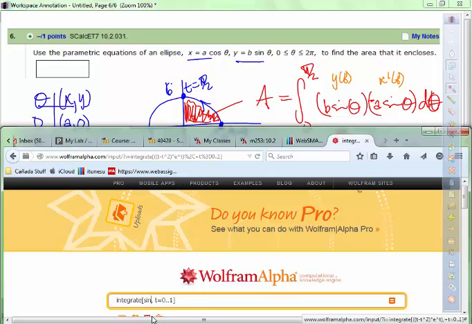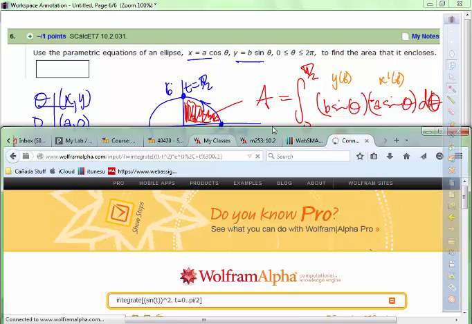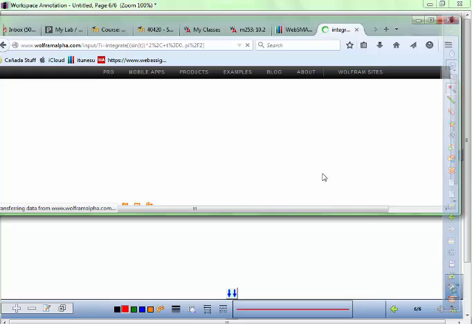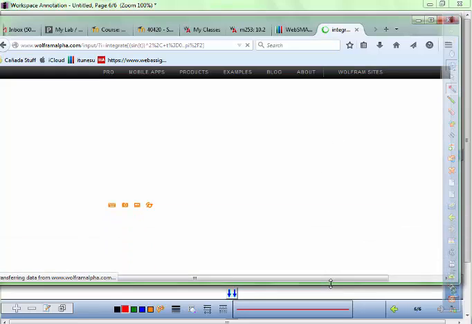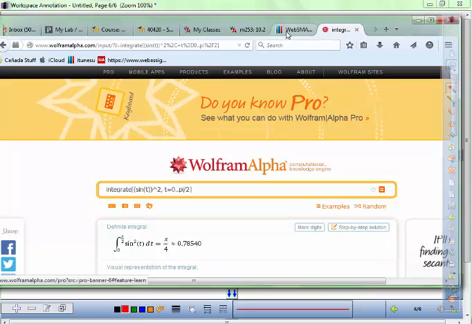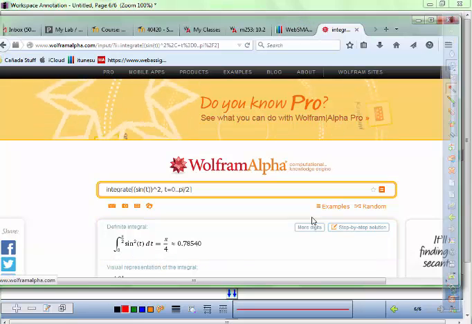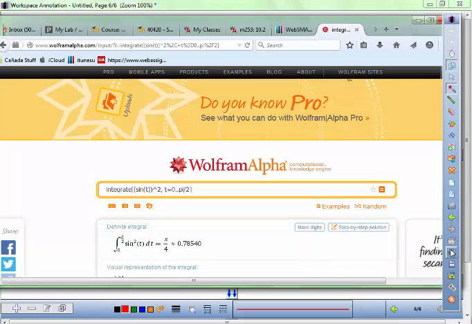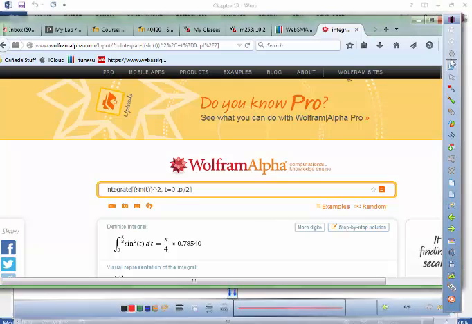I'll just integrate whatever's inside of the integral, and then multiply it by a negative whatever. I was hoping it'd be negative, but it's not.